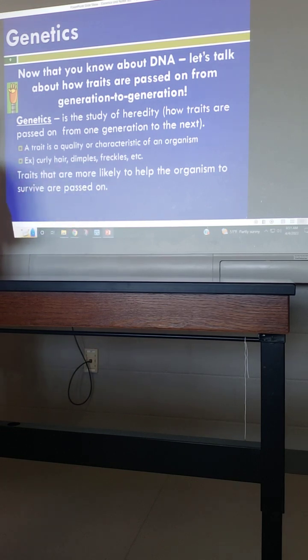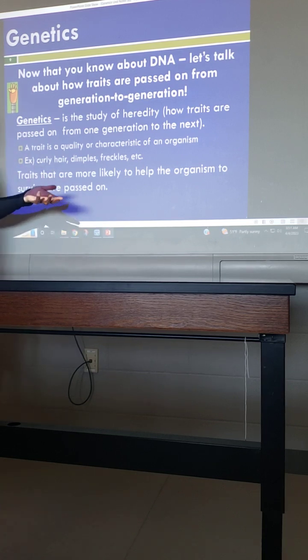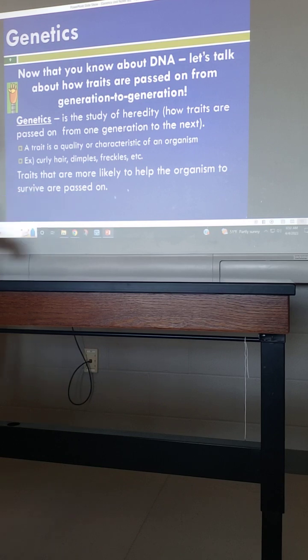If that dark fur becomes an advantage, then he's going to be able to survive and probably pass that trait on to his offspring, and then they will be able to pass that on, and so the dark fur could take over the normal colored lion fur. Okay, and so this all goes back to our whole survival of the fittest, and when a mutation or a variation becomes an advantage, at that point it's no longer just a variation, it becomes an adaptation.